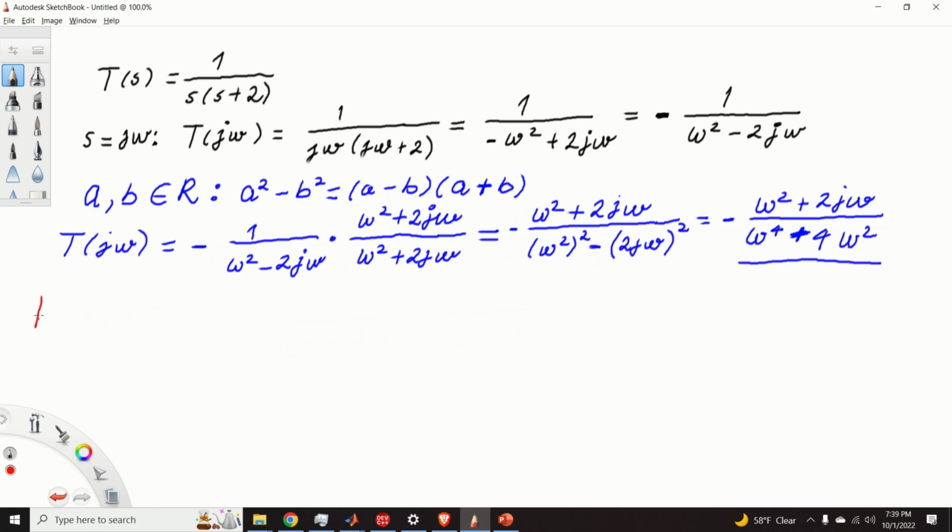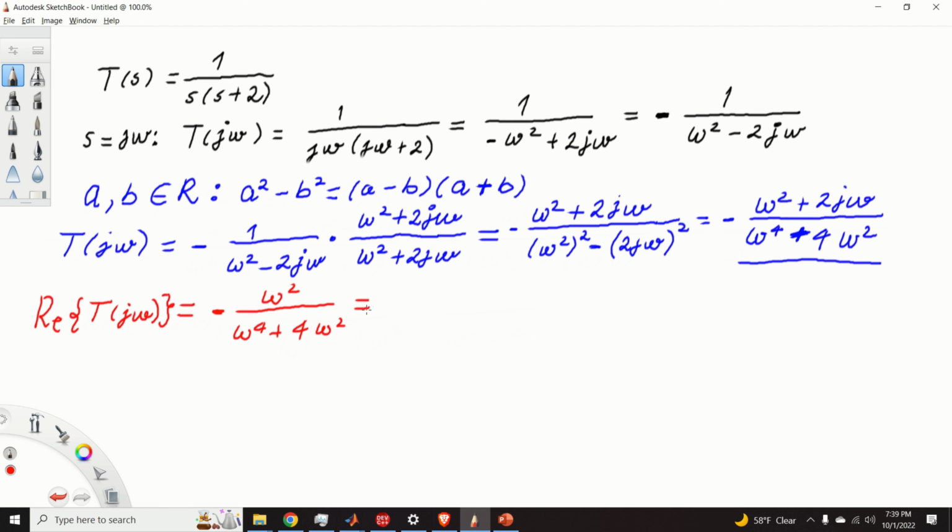So the real part of T of j omega is actually minus omega squared divided by omega to the power 4 plus 4 omega squared.